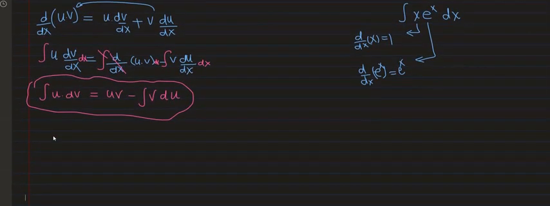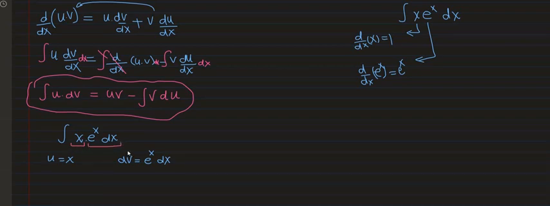This is where this formula came from, and we will be able to use it now. Let's try to integrate a simple one, which is x times e to the power of x. By choosing one of the two functions, x or e to the power of x, as u, we will choose u as x and dv as e to the power of x dx. So we have now divided the integral into the function x and e to the power of x dx.